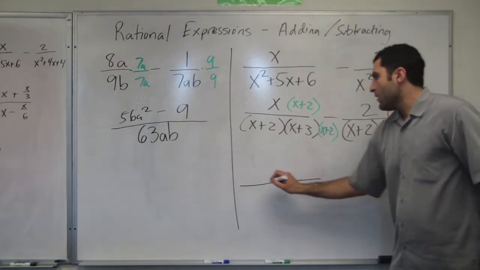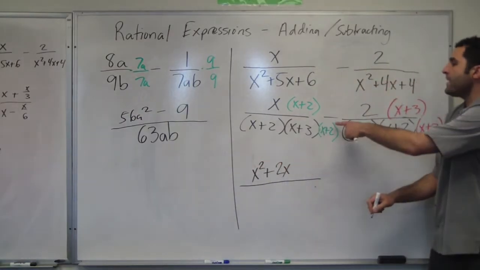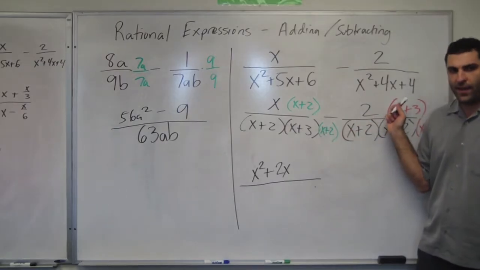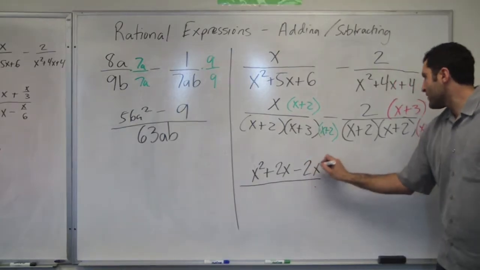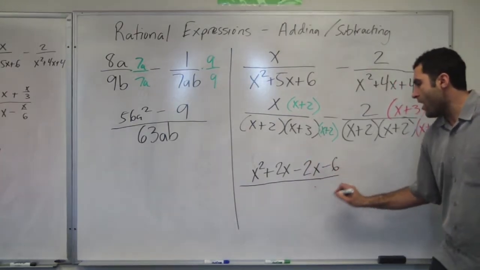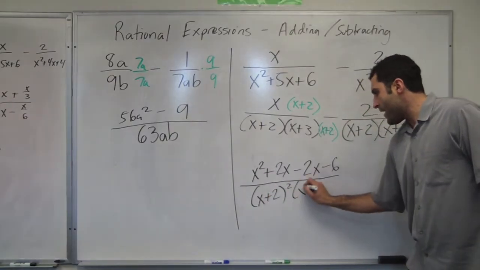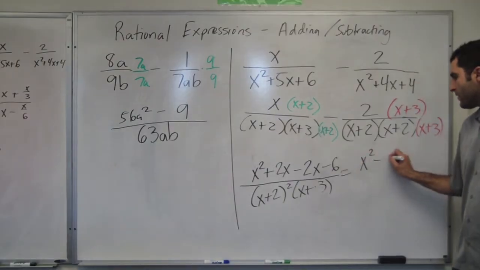X squared, X squared plus 2X, minus, permission to distribute the negative. Permission granted. Thank you. Minus what? 2x minus 6. 2x minus 6 all over x plus 2 squared x plus 3. Combine those of like terms. X squared minus 6.